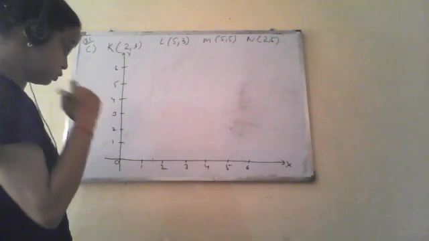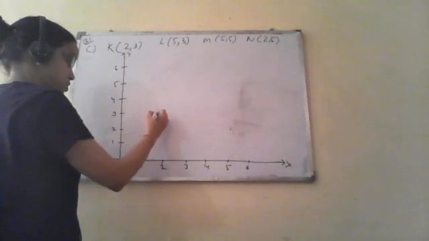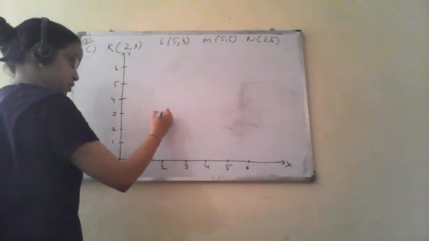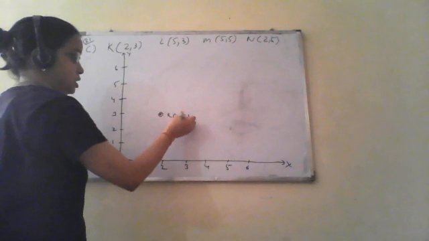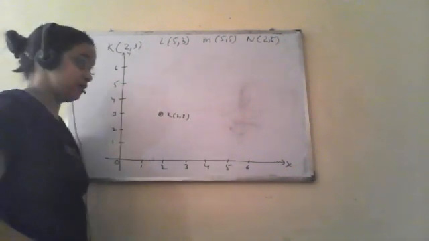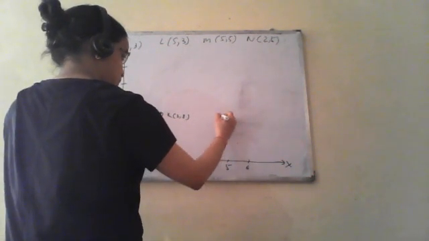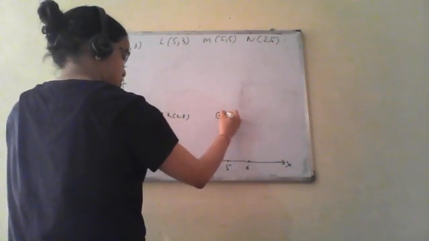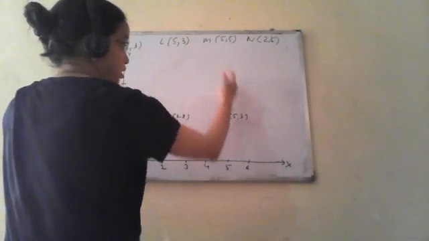The first point is (2, 3), that means x is 2 and y is 3. It will lie around here. This point is K, coordinates are (2, 3). Now point L (5, 3) means x is 5 and y is 3. This is L, coordinates are (5, 3).